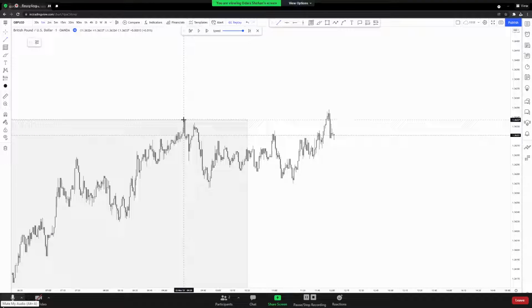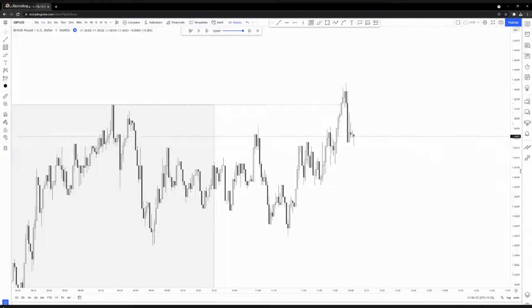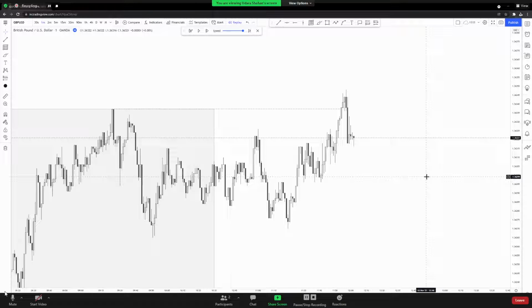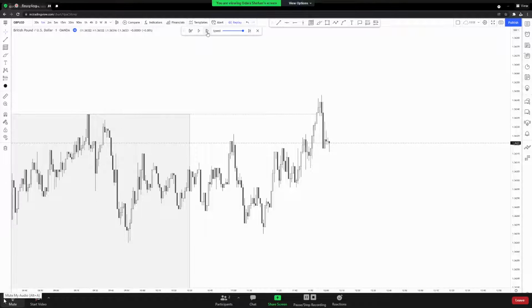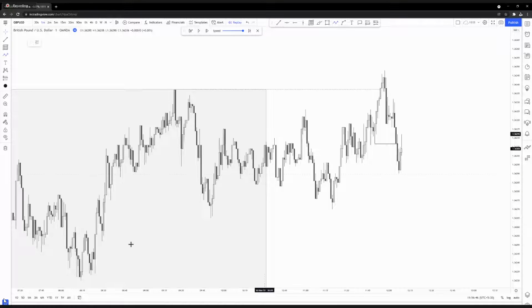Right here. Now, after it's gone, I can easily explain this to you, but when we're looking at it in real time, it'll be a little confusing. For some reason, I took this as a stop hunt and this as a breakout structure. But where is the major breakout structure?